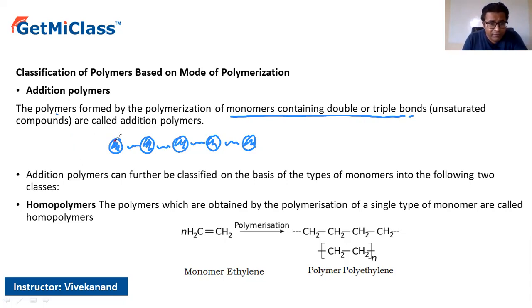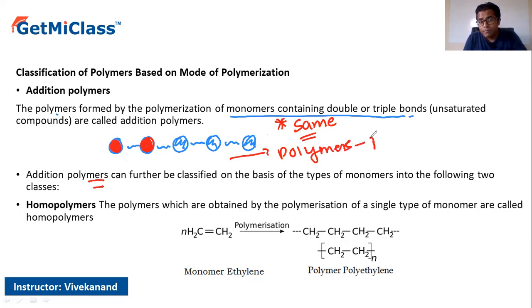If all the monomeric units involved in the formation of a polymer are the same, that is the condition, then we call such polymers homopolymers.